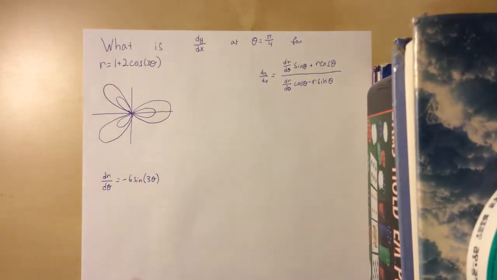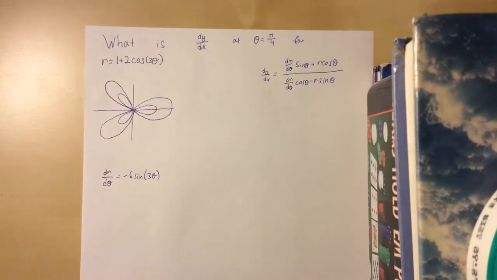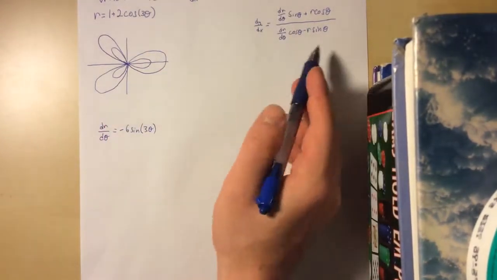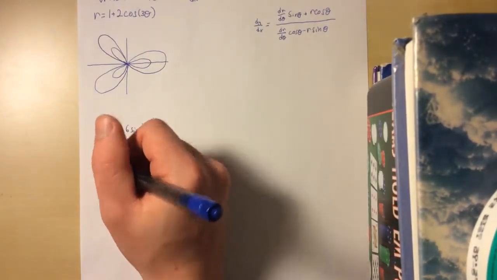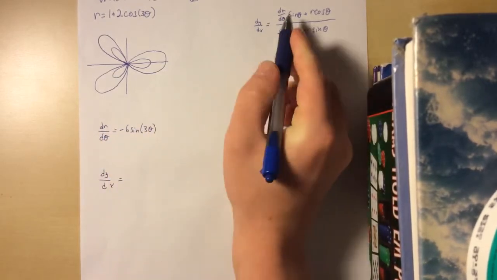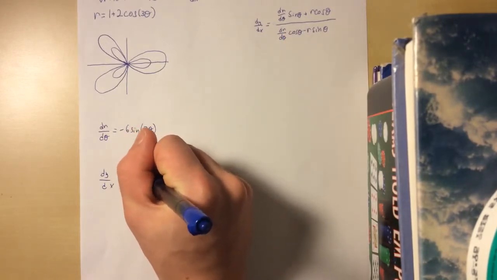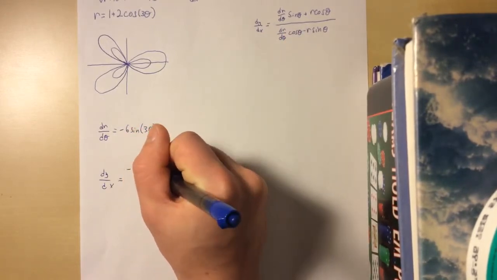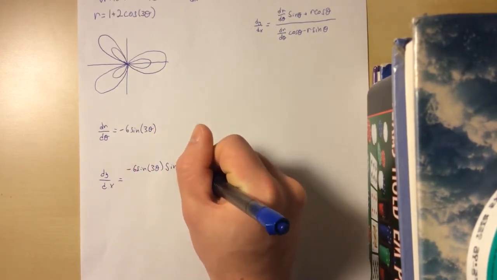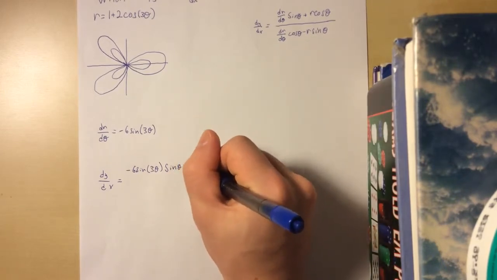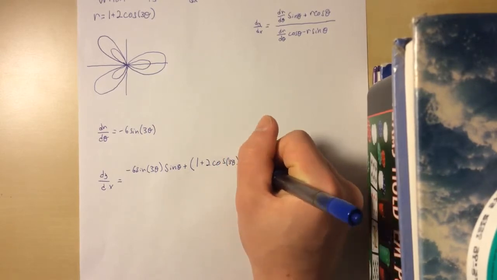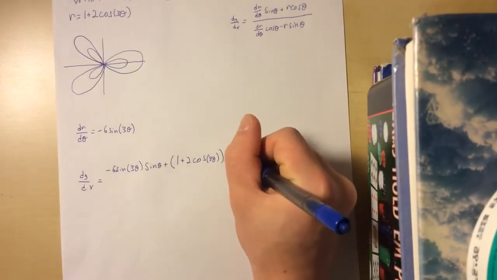And now pretty much we're just going to plug in our dr d theta and our r into this equation. And we're going to plug in theta equals pi over 4. So let's see how that looks like. So dy dx is equal to, dr d theta, which is negative 6 sine of 3 theta, times sine theta, plus our r, which is going to be 1 plus 2 cosine 3 theta, times cosine theta.